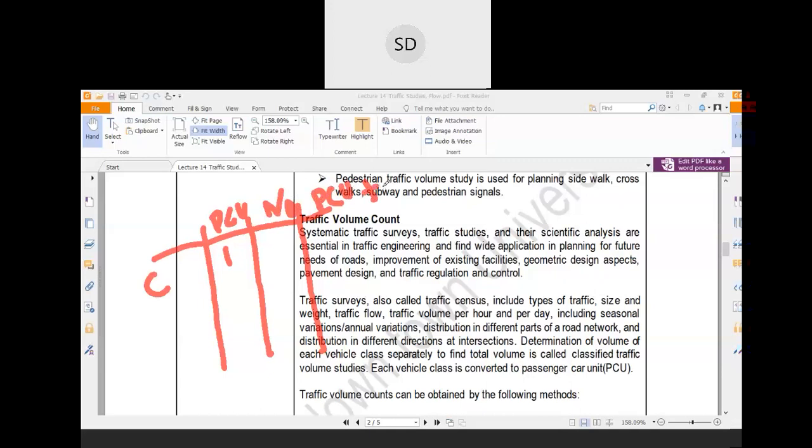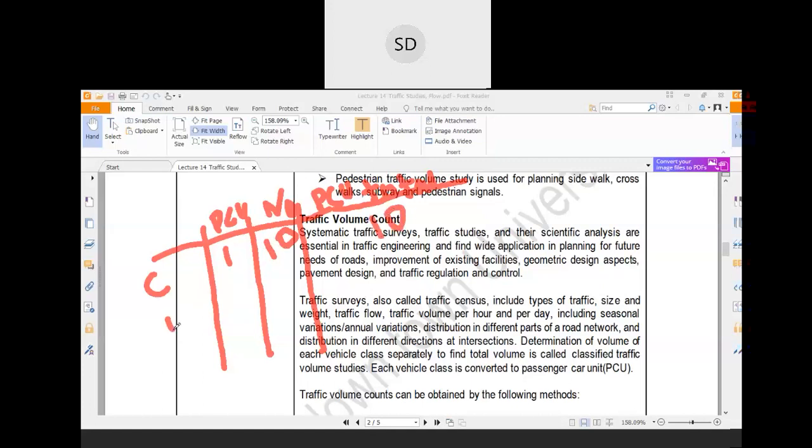So how do you do it? Suppose your passenger car is 1, and you observe 10 vehicles over there. So PCU per hour would be 10 into 1, that is 10.